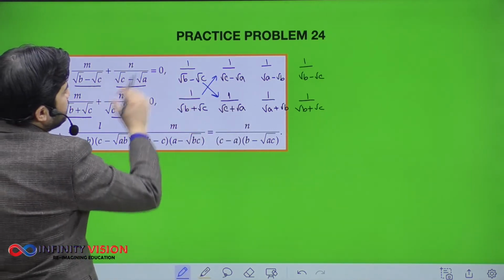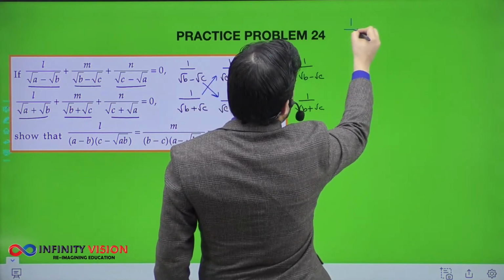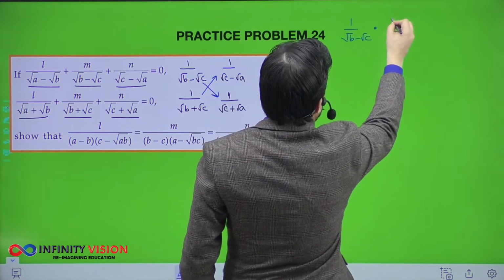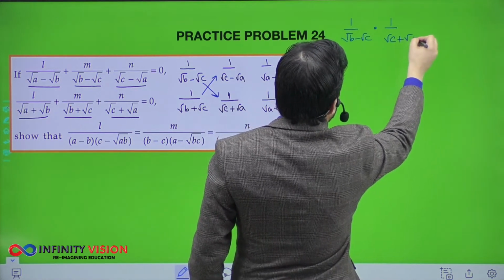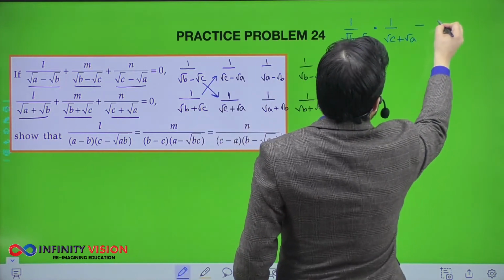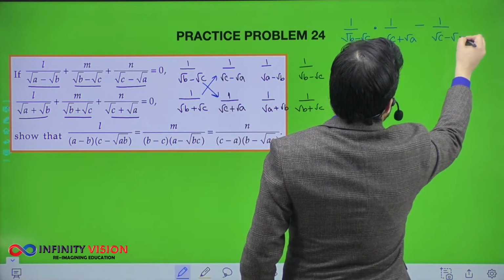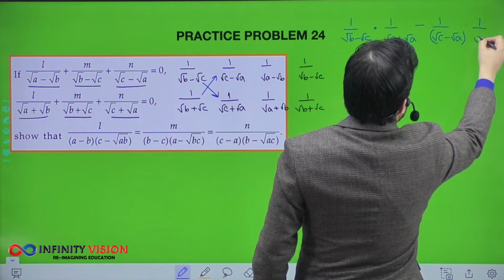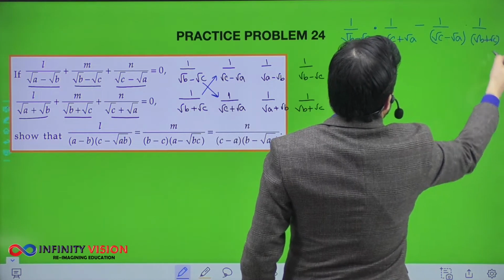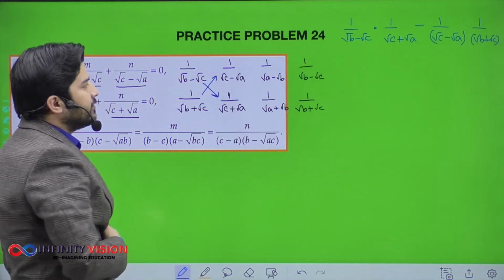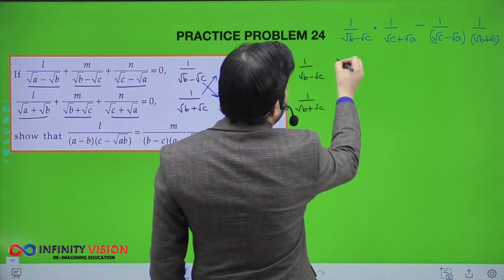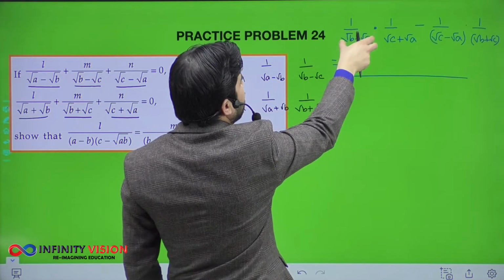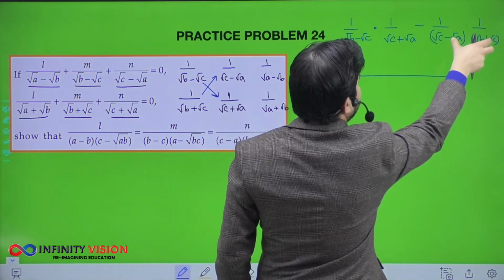Now when I look into this, 1 upon root B minus root C multiplied with 1 upon root C plus root A, minus 1 upon root C minus root A into root B plus root C. Now this looks a little difficult, but if you have a little patience, you would arrive at a very symmetrical result. That you have a rational expression where the denominator is this, minus a rational expression where the denominator is this.